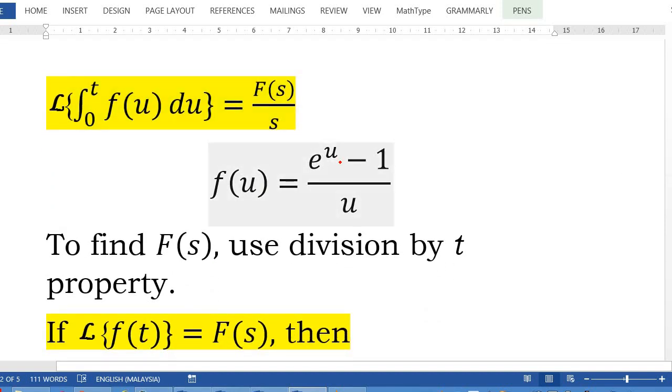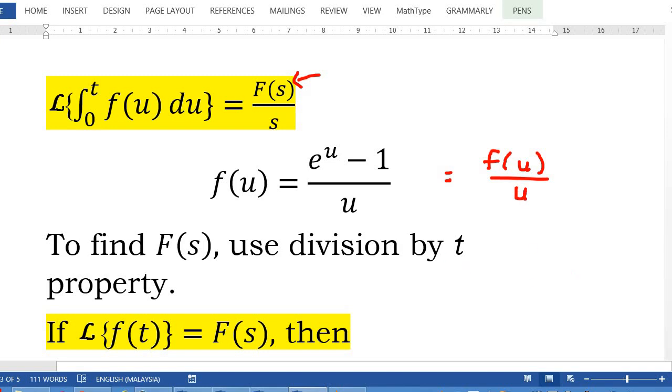Identifying, f(u) is (e^u - 1)/u. To get F(s) here, identify your f(u). After you get f(u), you need to take the Laplace transform to get F(s). However, your f(u) is in the form of f(u) divided by u.